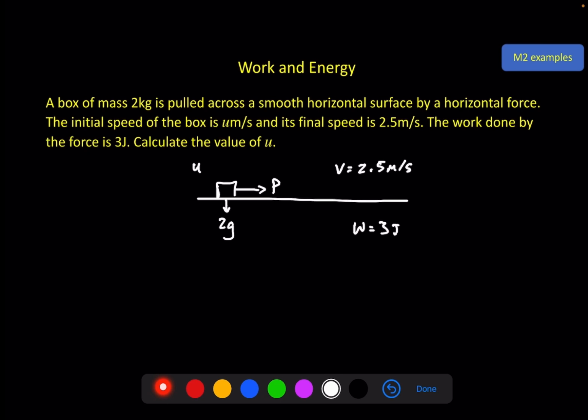From the connection that we just saw, we know that work done is equal to the change in kinetic energy. The work done, we're told, is 3. That is equal to a half mv squared minus a half mu squared. We know v is 2.5, and we also know that the mass is 2.